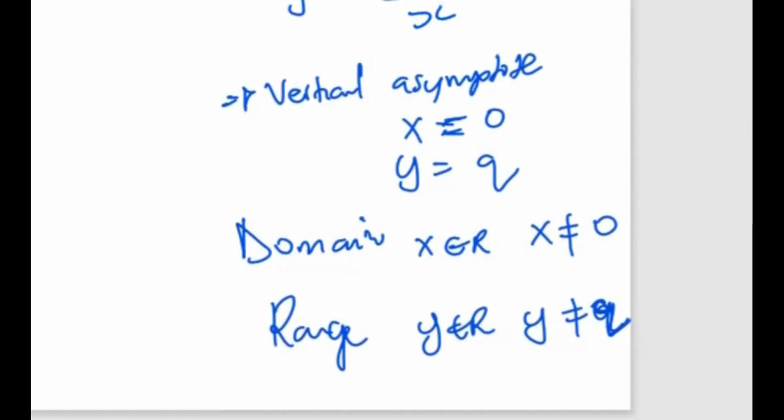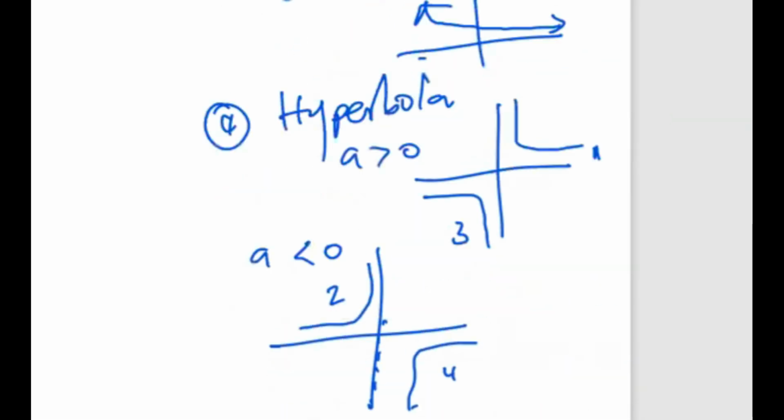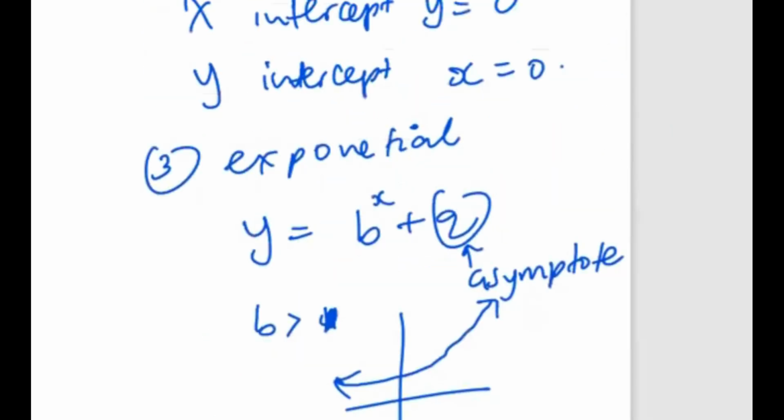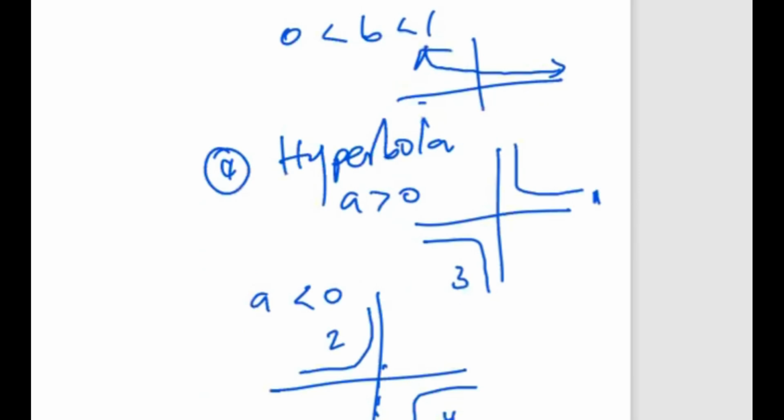So when it comes to the y-intercept and x-intercept, we just apply the same format of y is equal to 0 for x-intercept, and then x is equal to 0 for the y-intercept. So basically, that's all that we need to know under the functions. For as long as you know how to do your sketching, for as long as you can tell what type of graph you've been given, then we are good to go. Then the next topic will be finance.